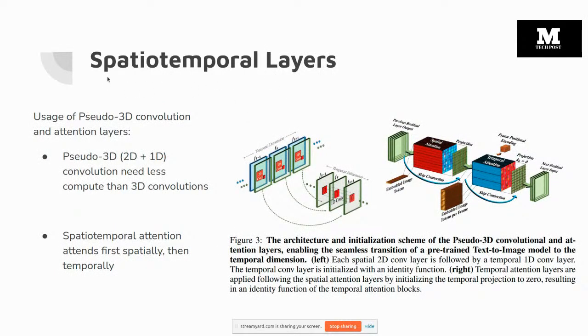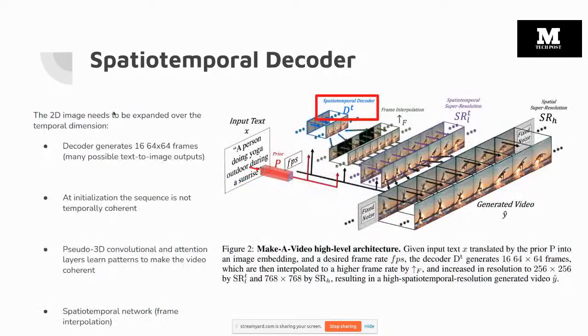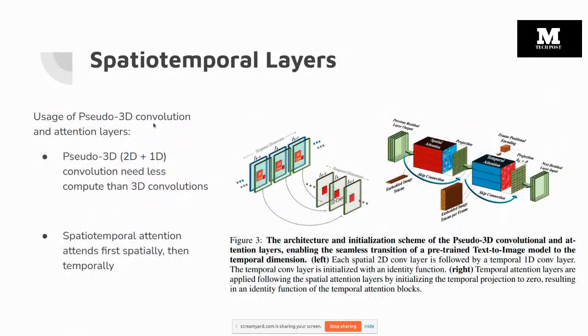So I'm not going into the details of the spatio-temporal layers that are part of this decoder architecture, this spatio-temporal decoder, to be precise. But the authors propose this pseudo 3D convolution and spatio-temporal attention that are some tricks basically to be more efficient in terms of computations.